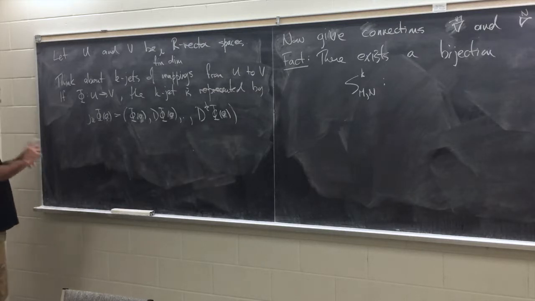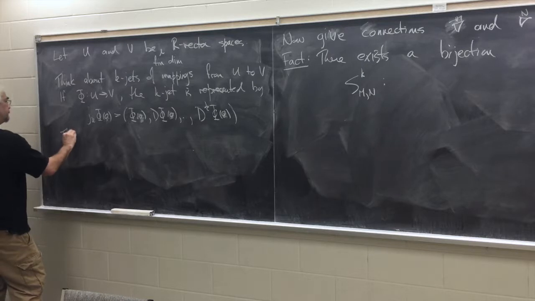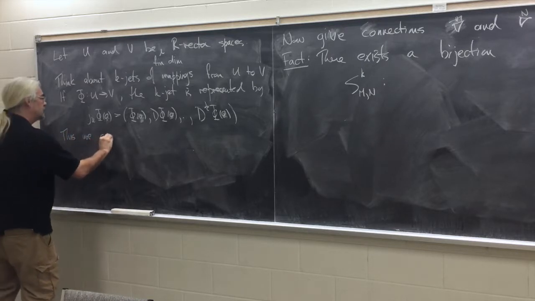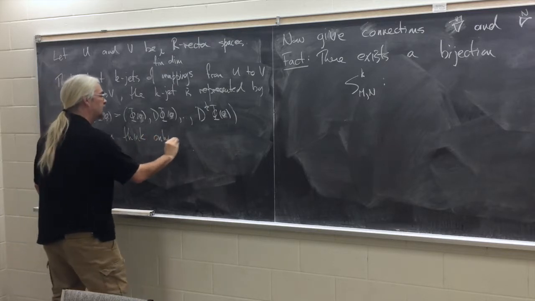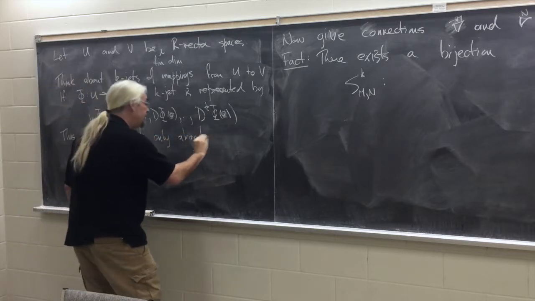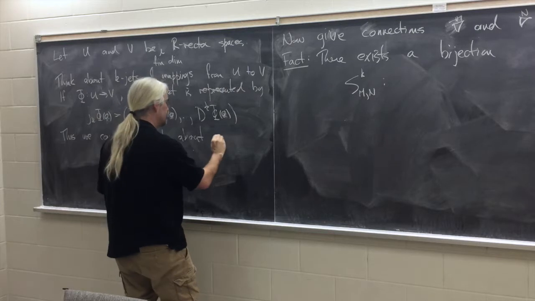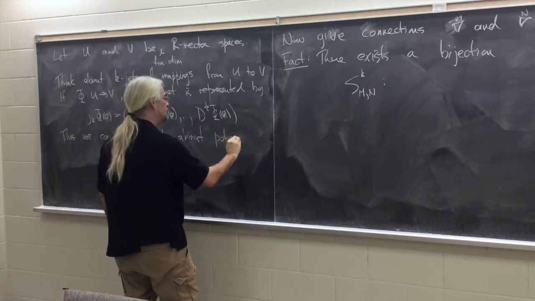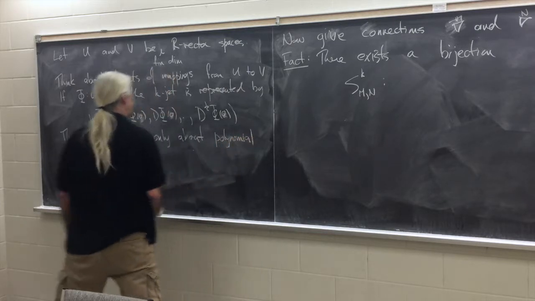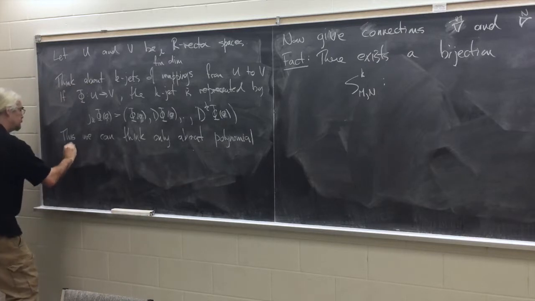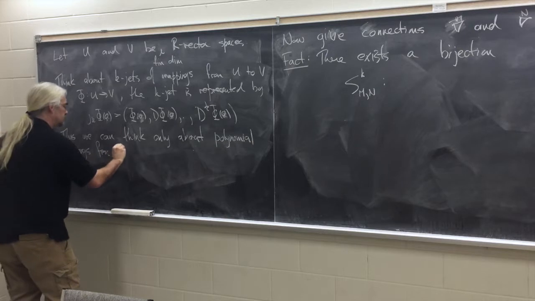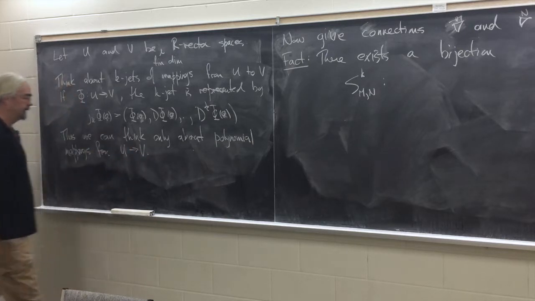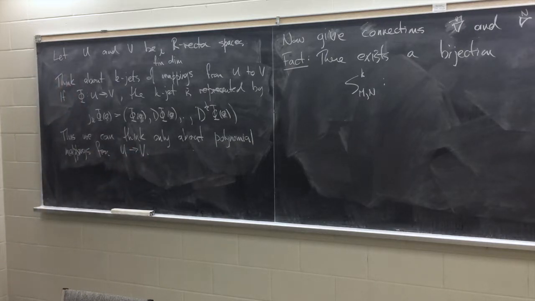So the point is, we can think only about polynomial mappings from U to V if we're thinking about jets. So what's a polynomial mapping from U to V?